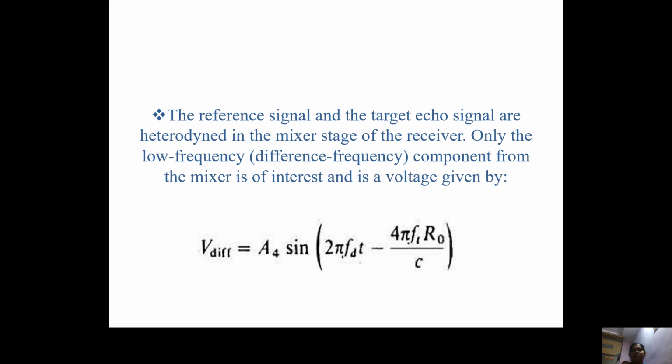T is the time period with which the signal is traveling, and this is the phase with which the signal is traveling. So there is no change in the phase. This work is done by the continuous wave oscillator, which is present in the MTI or pulse Doppler radar.